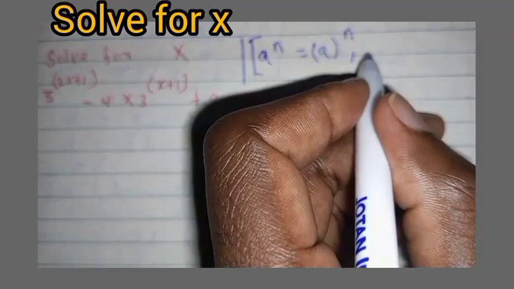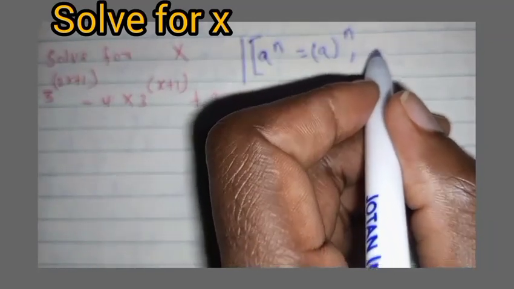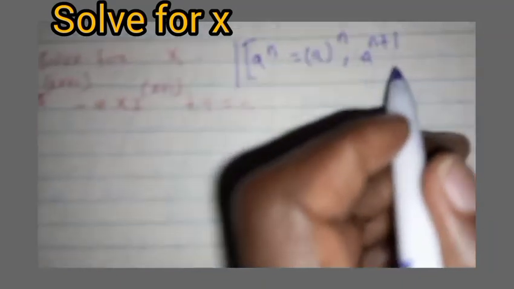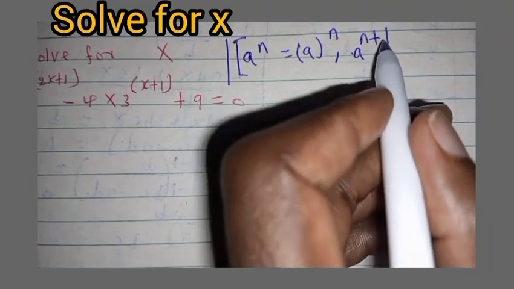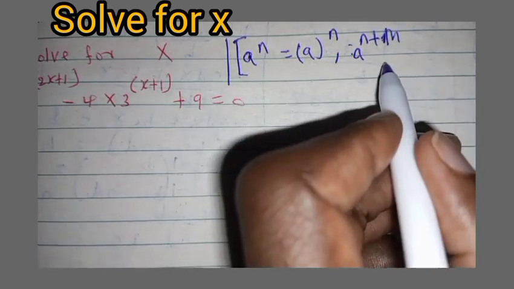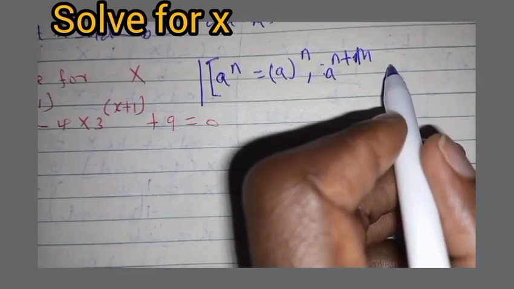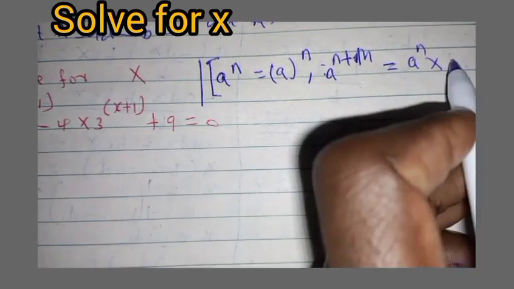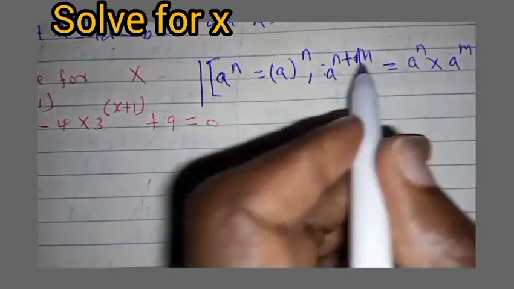And also when you have a power n plus m, this is the same as a power n times a power m.